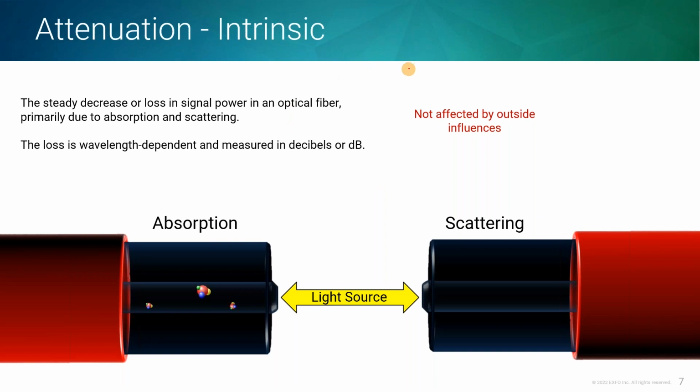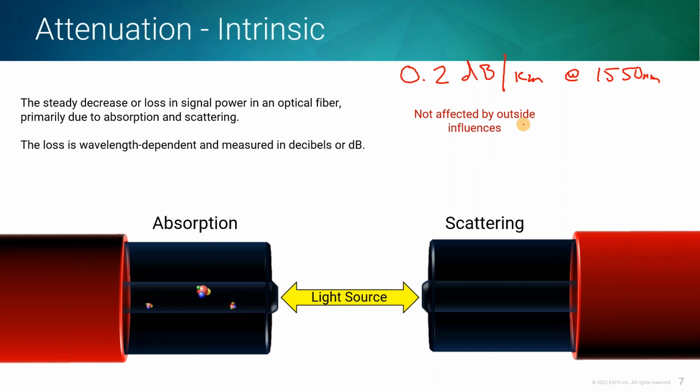And for most standard single mode fiber, like G.652, depending on the manufacturer, this will vary, but typically it's about 0.2 dB of loss per kilometer at 1550, right? So for every kilometer, we're losing about 0.2 dB.